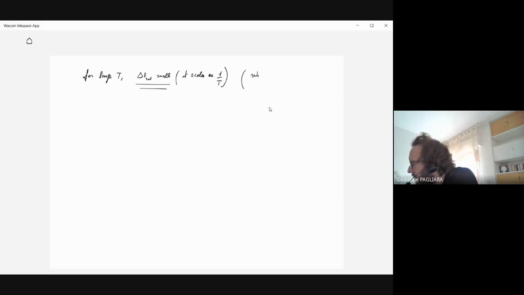So substitute the sum on j with an integral.